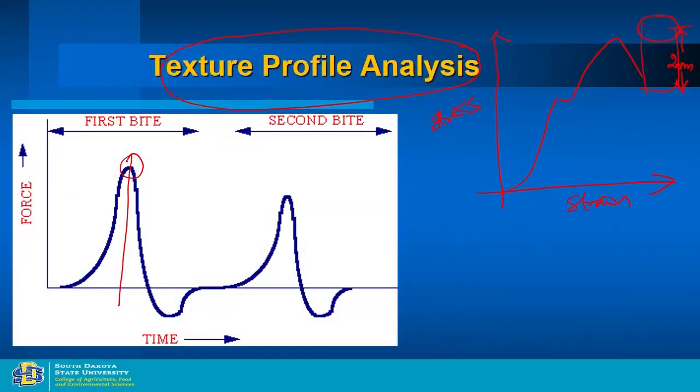So what is the purpose of doing this? I do not know. My student and I have published some work in the same area. We have done a lot of texture profile analysis, but it's primarily because my student thought they had to do it. I said, go ahead and do it. All I know from this test is the peak force.